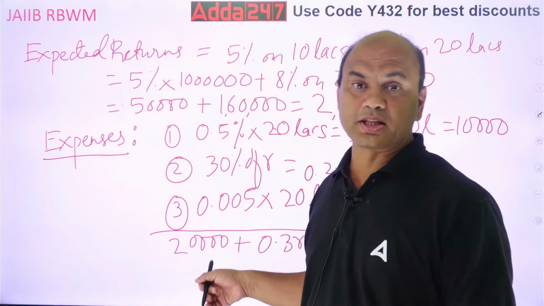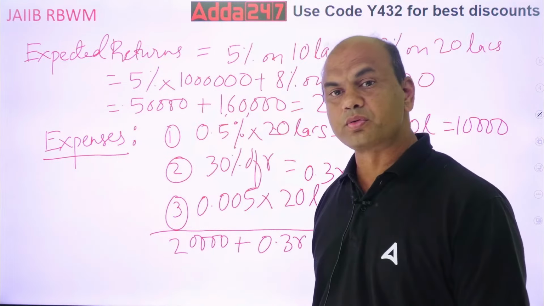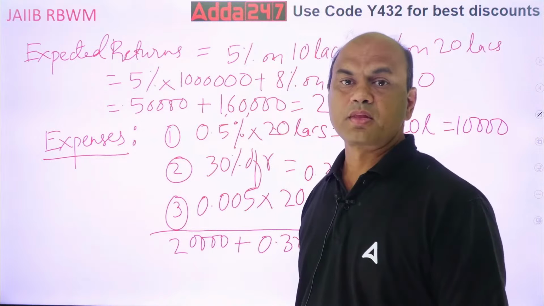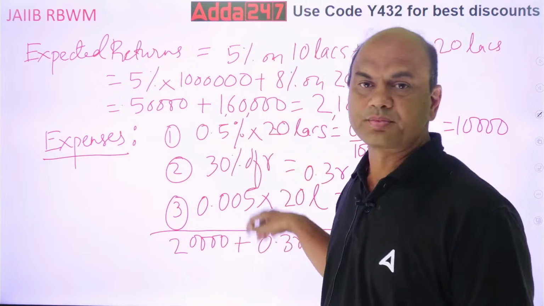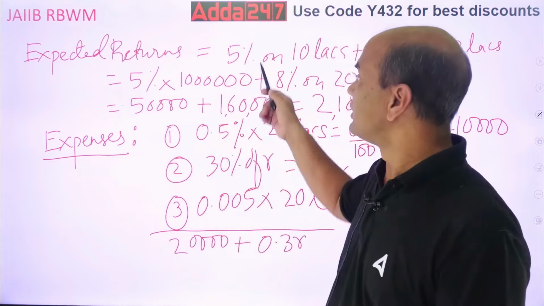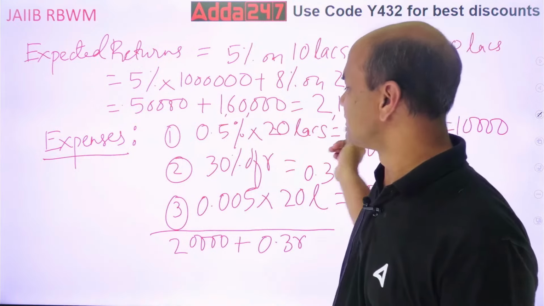This is your total expense. Now what you have to do? How do you solve this? Your total expenses should be matched with your expected returns, which are 2,10,000.